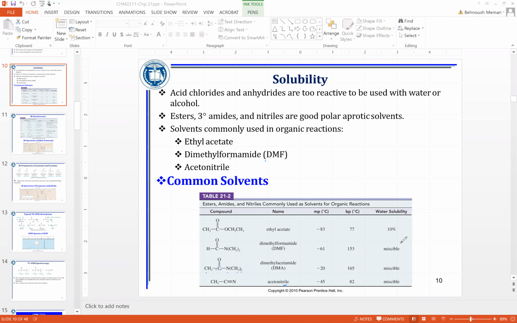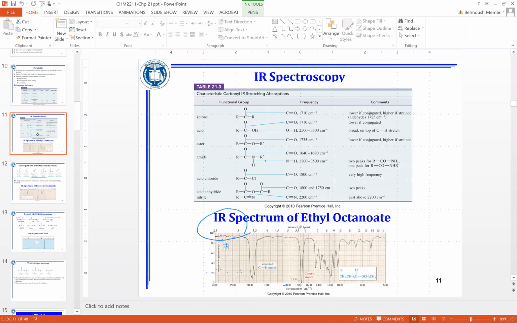They are going to be soluble in water, but the ester is only partially soluble in water, not highly soluble. Amides and nitriles, this is because, if you remember, I said that one of the resonances is going to be plus minus. It also is going to act like a partially ionic compound, and if it's partially ionic, it's going to dissolve better.